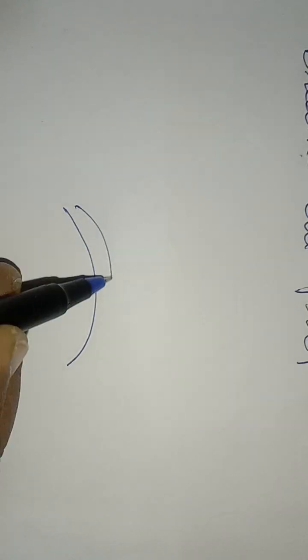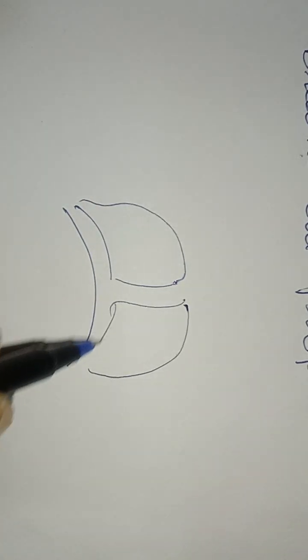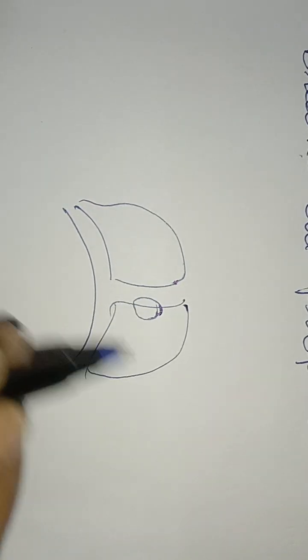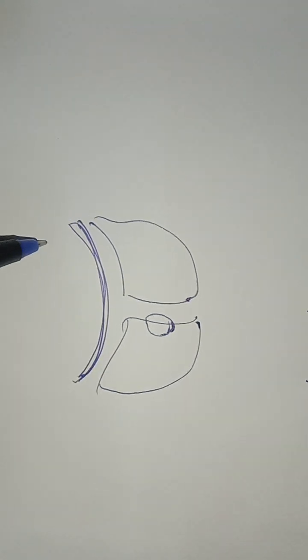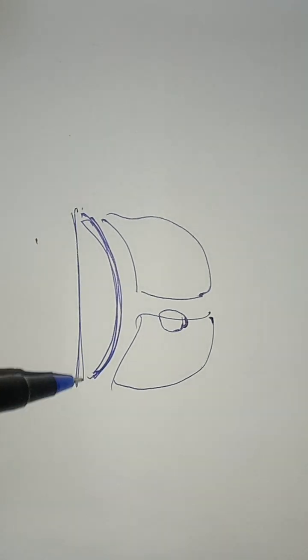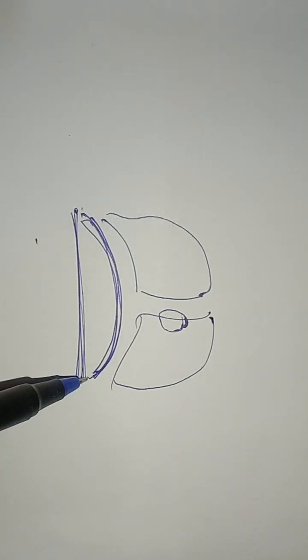Above it we have two lungs like this. Here we have the heart, right? Sometimes it is in the shape of a dome, and then sometimes you find it flattened, right? Whenever it is flattened, right?